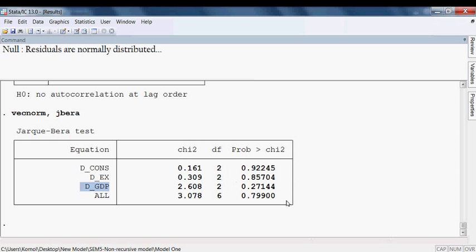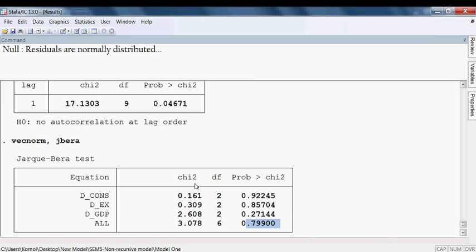As a whole the p-value is 79.9%, meaning that we cannot reject the null hypothesis, so residuals are normally distributed. So we are happy about this model.